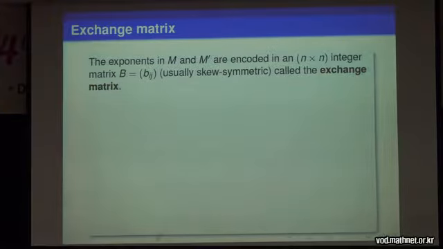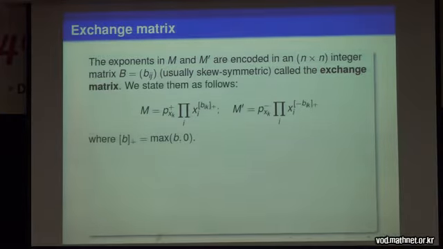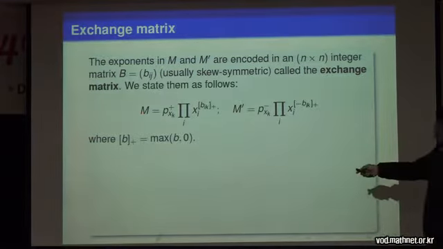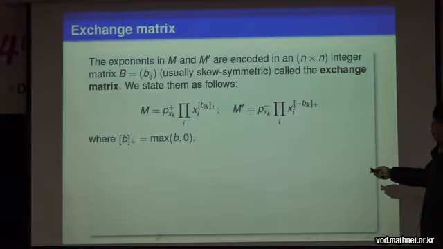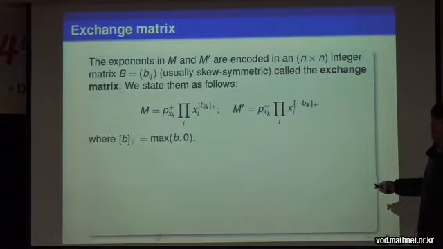Usually, this matrix is skew-symmetric. It is called the exchange matrix. Here is the monomial, and the two monomials can be written in this form using this matrix.